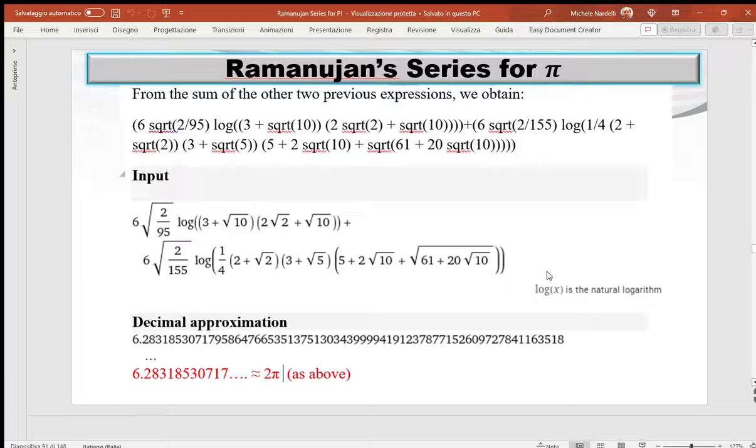From the sum of the other two previous expressions that we have previously analyzed, we obtain the following expression and the following result, that is as above equal to 2 times pi.